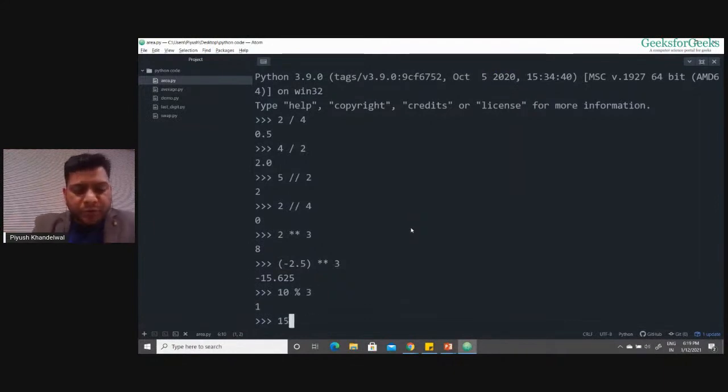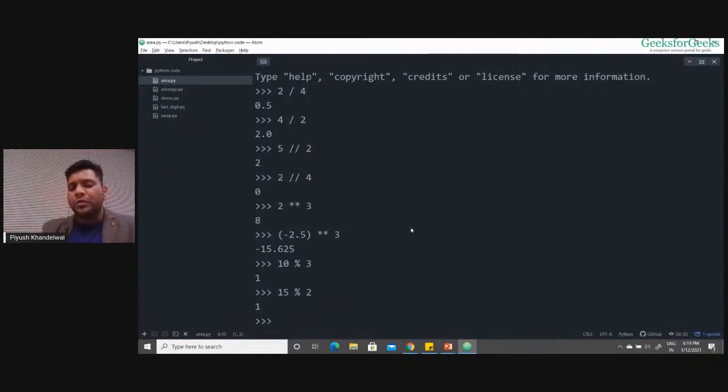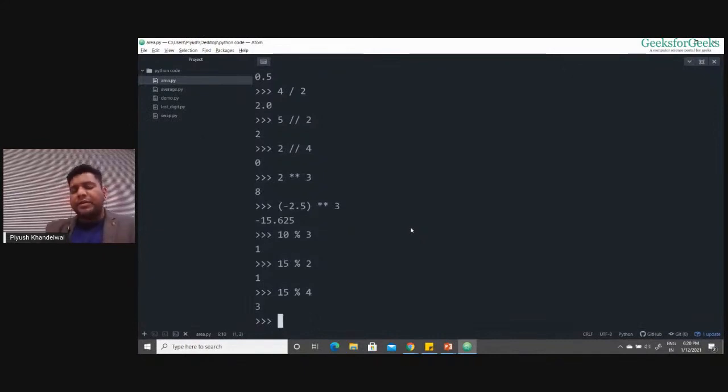If I write 15 mod 2, 2 sevens are 14, and the remainder is 1. So it will give you 1. If I write 15 mod 4, 4 threes are 12, and the remainder is 3. So it will give me remainder 3. This is what the modulus operator does. It gives you the remainder when the dividend is divided by the divisor.